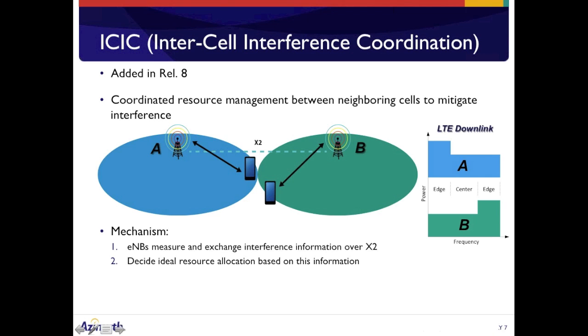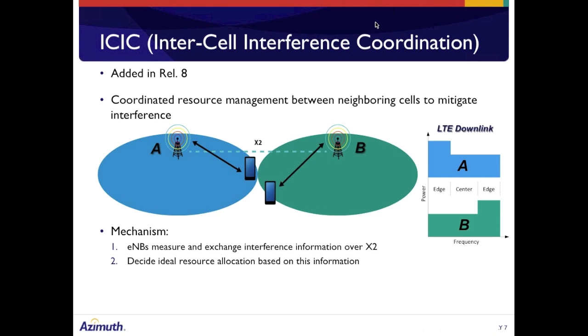Basically, we have the handsets making these measurements, the eNode Bs communicating across an X2 interface to share information about where in their downlink spectrum the interference is, and then they can allocate power to different parts of the spectrum to give their cell edge users preferential signal-to-noise or signal-to-interference ratio.